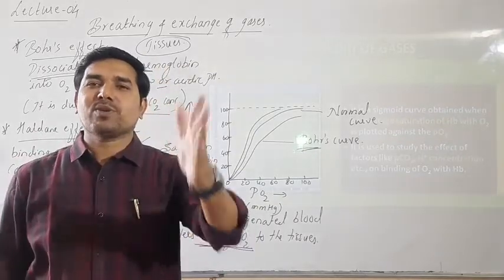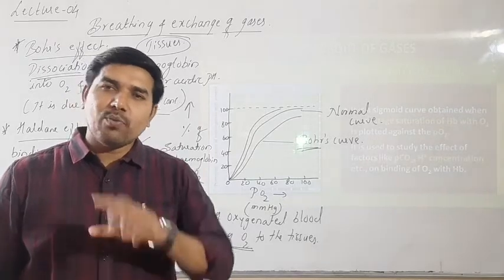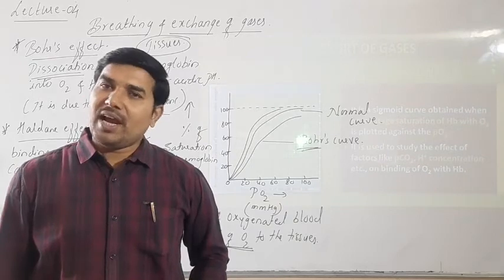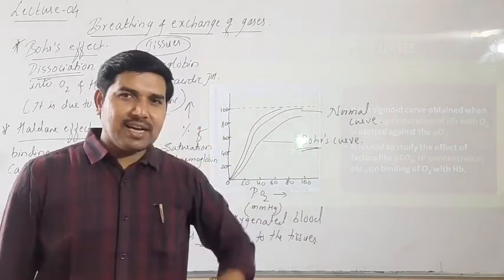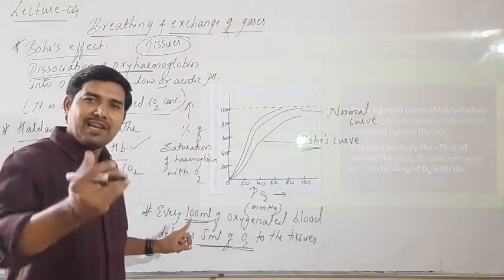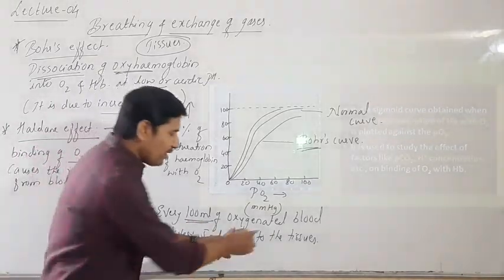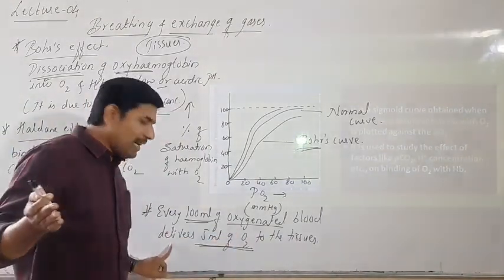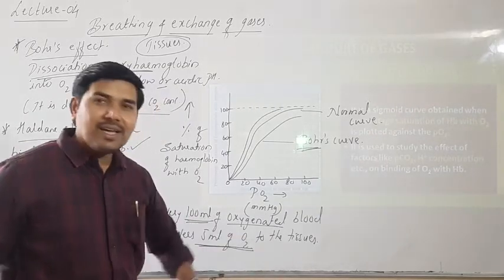This is with respect to oxygen, because with respect to this level, we come across the same statement in carbon dioxide transport. Only the change is that every 100 ml of deoxygenated blood delivers 4 ml of CO2 to the lungs.